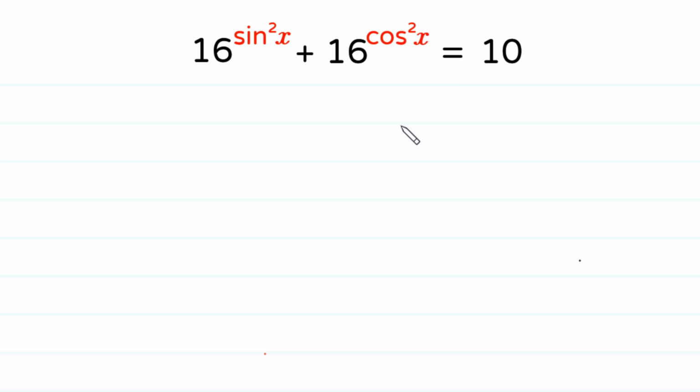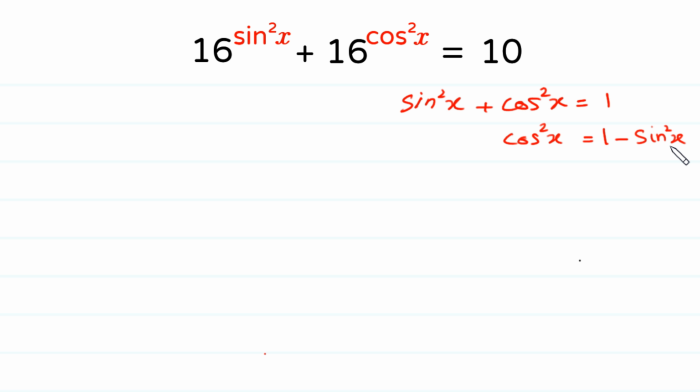There is a trigonometric identity that sine square x plus cos square x is equal to 1. And if we shift this sine square x to the right side, we get cos square x is equal to 1 minus sine square x.